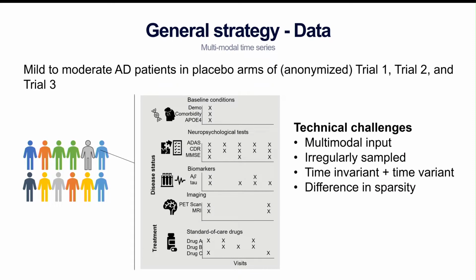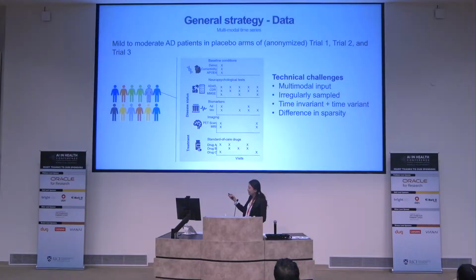So let's get into the data first. This is how our data looks. There are many patients, mild to moderate AD patients, and they are all in the placebo groups. And they have various observations. For example, there are some baseline conditions when they first get screened or start the clinical trial.